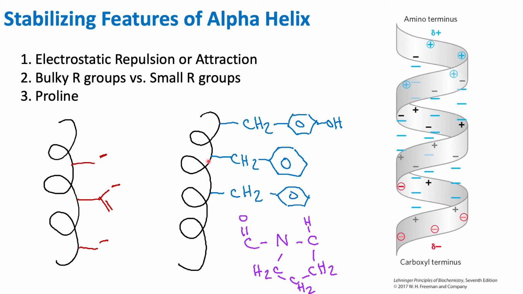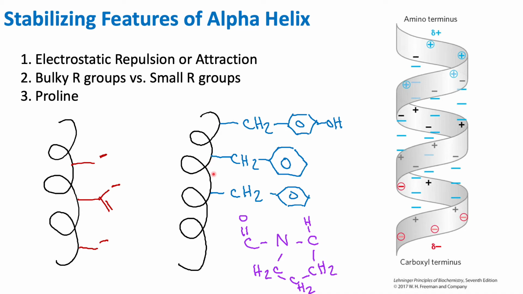Remember that when we have an alpha helix, we do not want too many bulky groups in general. We prefer amino acids with R groups that are not too big and not too small. Those are the ones we are looking for. So this is going to generate some steric hindrance, which is not beneficial to our alpha helix.